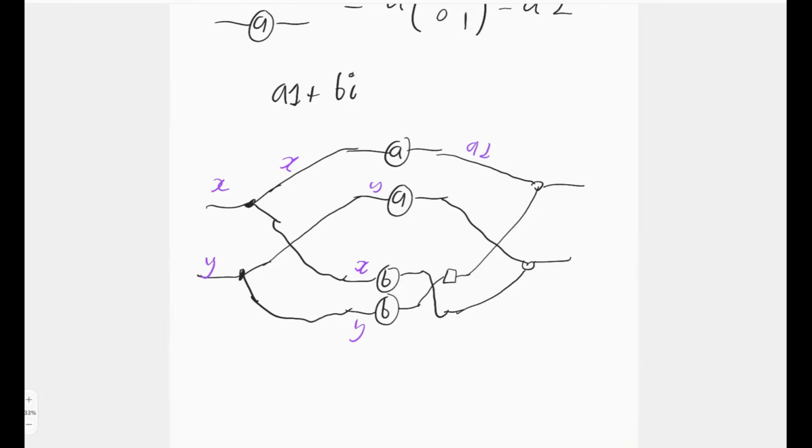And now we get AX and AY. Minus BY, BX. And so the result is AX minus BY, BX plus AY.